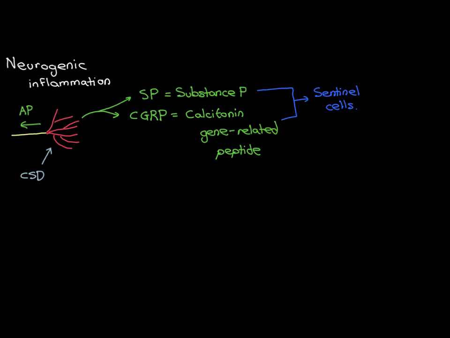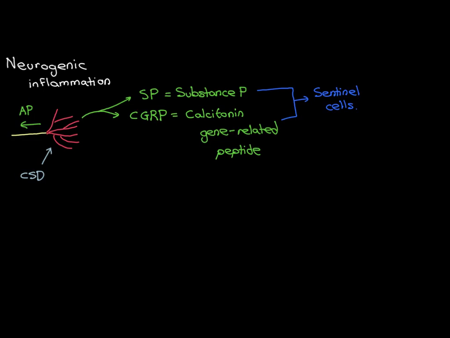So all tissues pretty much in the body have sentinel cells present within them. And sentinel cells, remember, these are like guard cells. They're cells that are present amongst the normal cells of that tissue, and they're constantly on the lookout for signs of a pathogen, or signs that there is something majorly wrong in the tissue.